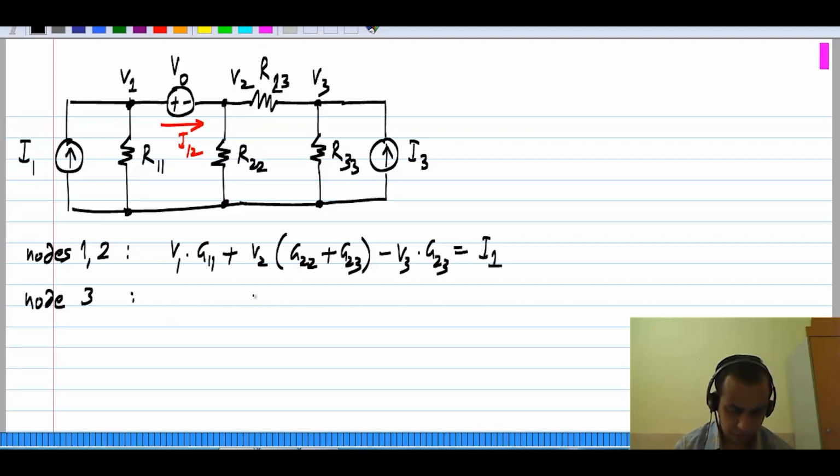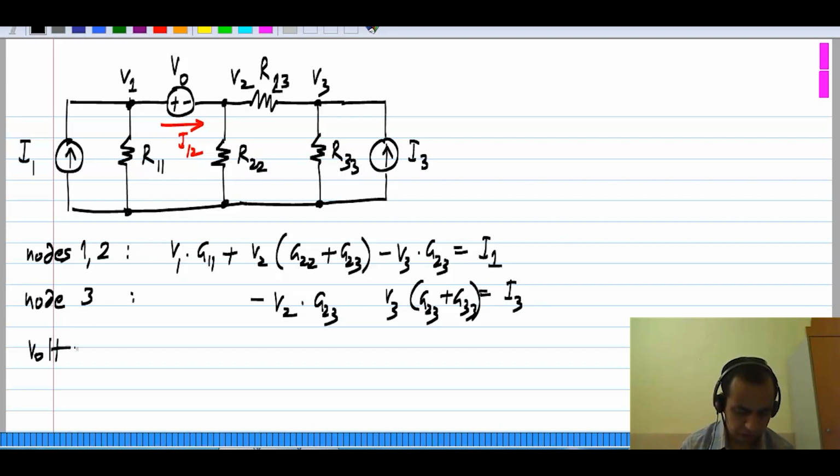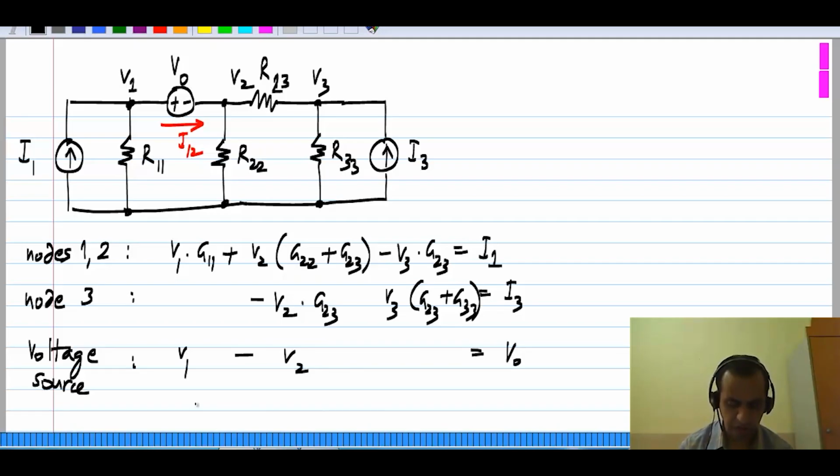So V3 times G23 plus G33 minus V2 times G23 equals I3. And finally, I have the voltage source equation itself, which is that V1 minus V2 equals V0, the value of the voltage source.